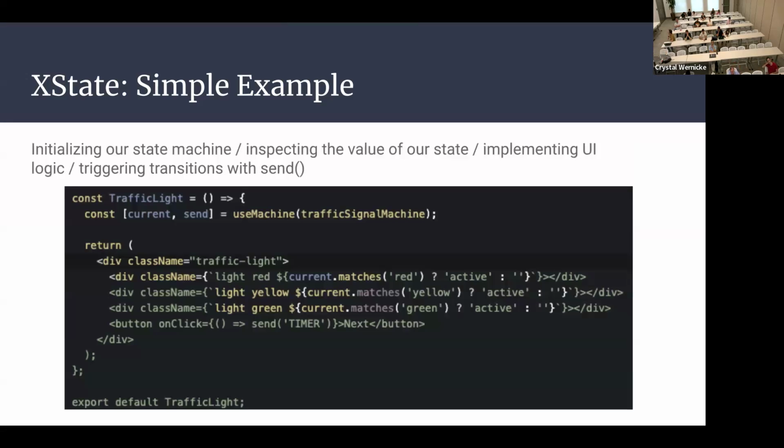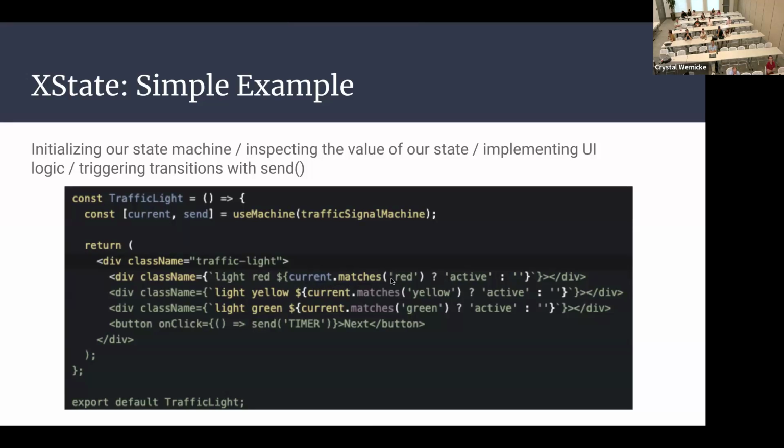And this is the implementation of it. Let's say I'm importing this from another file. I get my hooks here. I can evaluate my current state here, and maybe I didn't include any CSS, by the way, but you can imagine that active is just making it visible, the color of the traffic light.